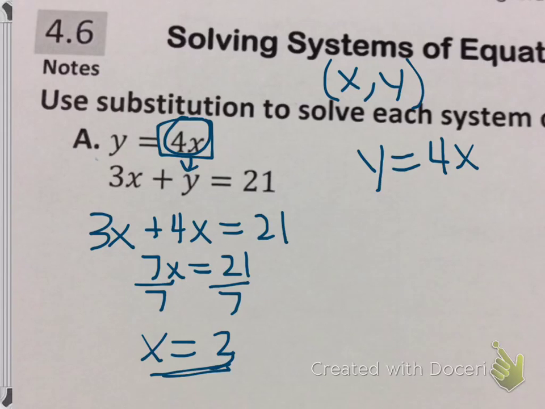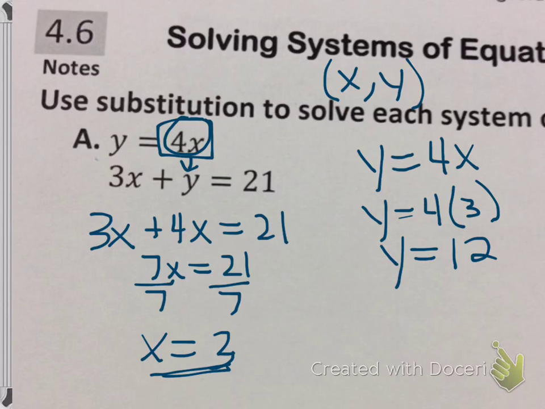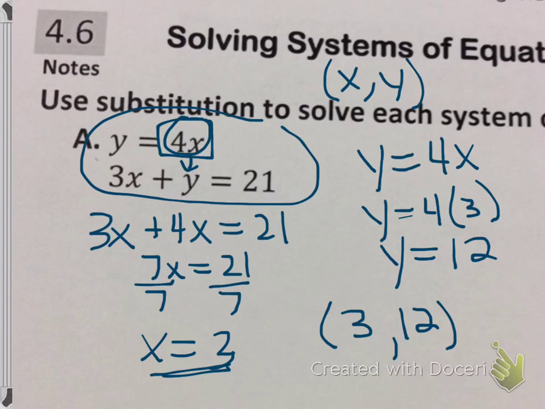I know this time that x is 3, so I'm going to substitute 3 in place of the x, and I get y equals 12 for my solution. So again, my answer is an ordered pair, x comma y, so it's going to be 3 comma 12. What this really says is my point of intersection between these two lines, if I were to graph them, is the ordered pair 3, 12.